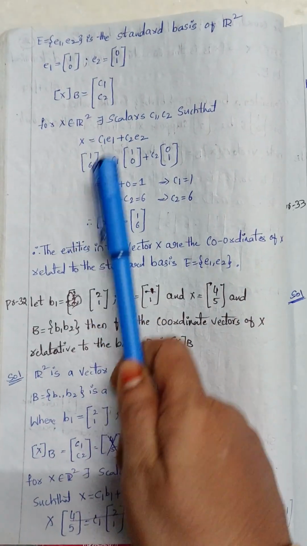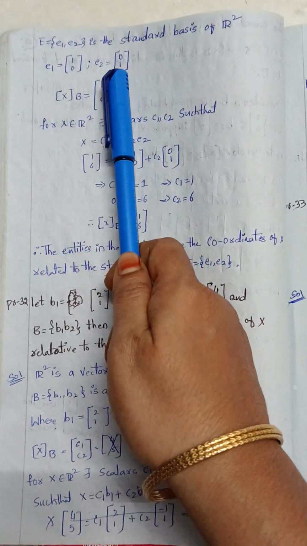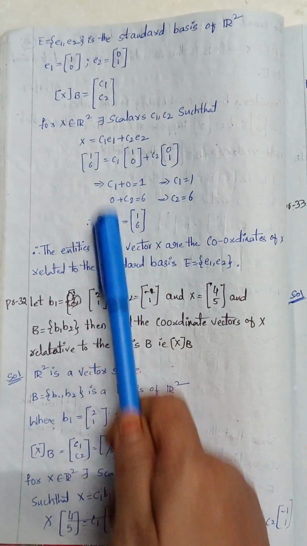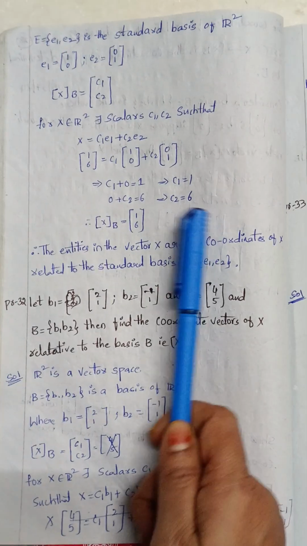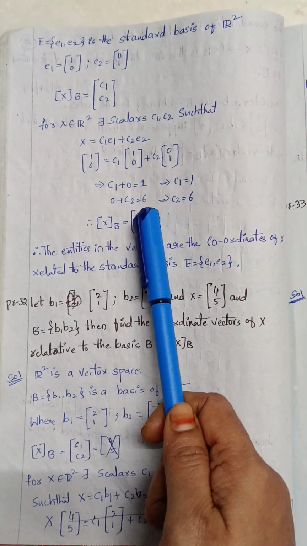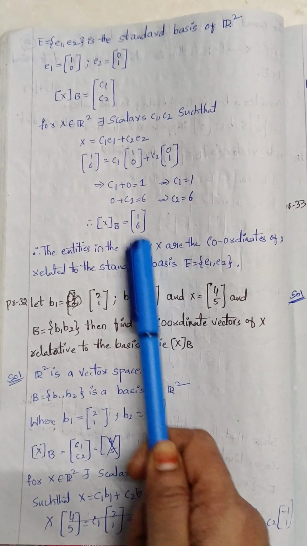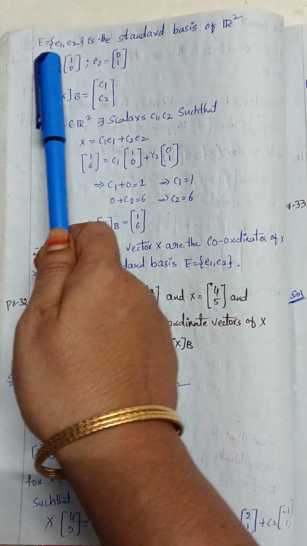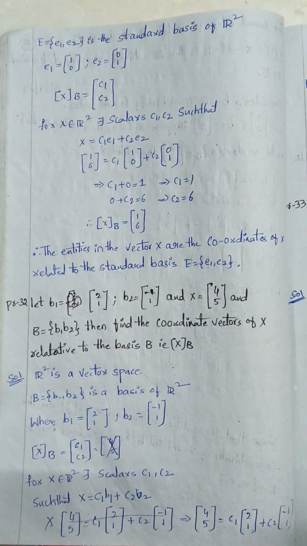Here x is (1, 6). After solving this, c1 plus 0 equals 1, that is c1 equals 1 and c2 equals 6. So [x]_B, the coordinates of x relative to the basis B, is also (1, 6), which coincides with the vector when the basis is the standard basis. Hence proved.